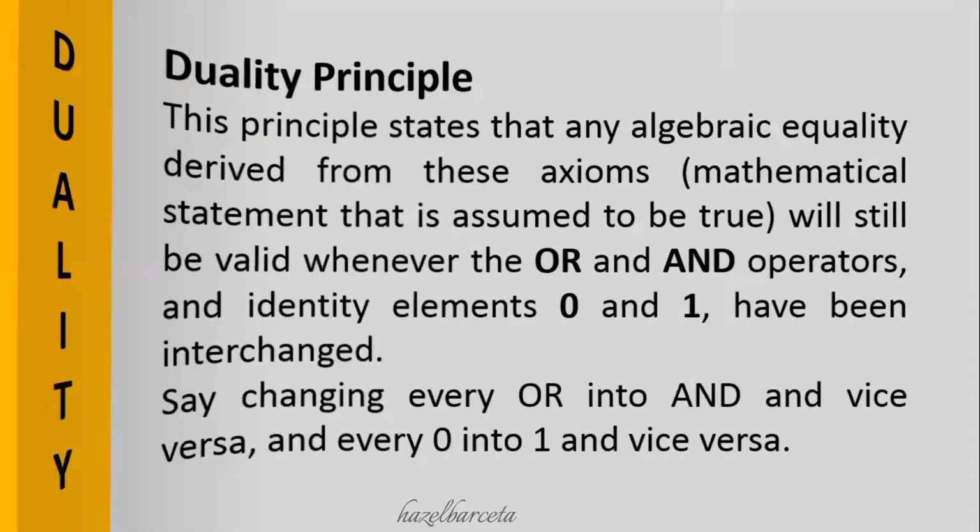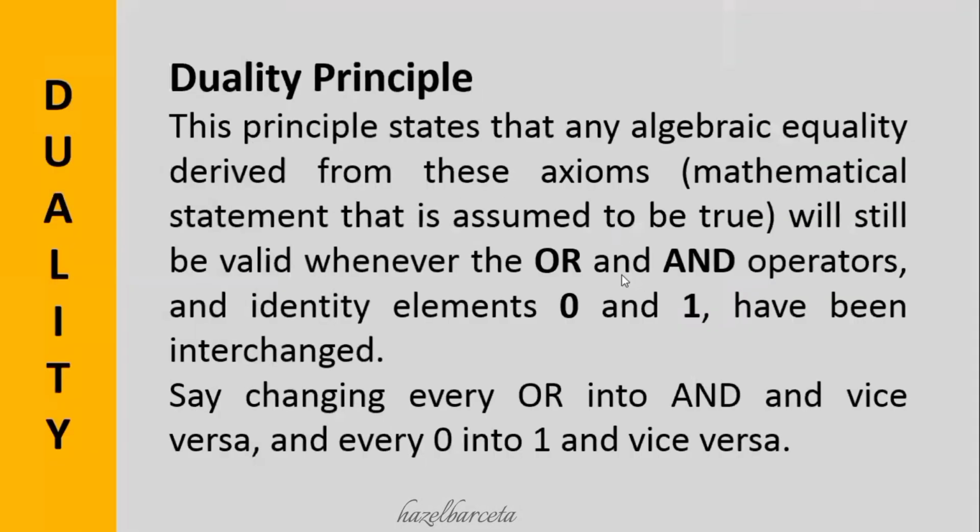Next, duality principle. What is this? This principle states that any algebraic equality derived from these axioms, so ito pong axioms na to, yung mga kaninang statement na ina-assume po natin na true, will still be valid whenever the OR and AND operators and identity elements 0 and 1 have been interchanged.